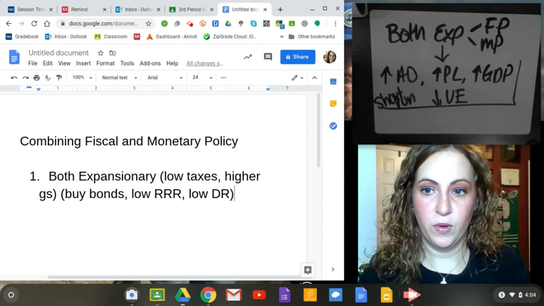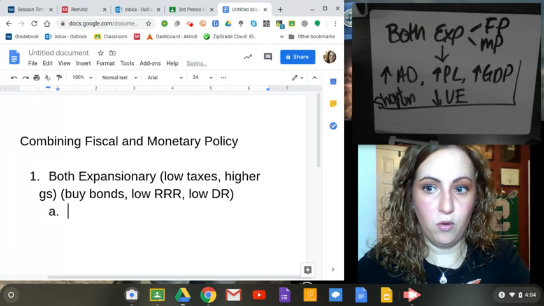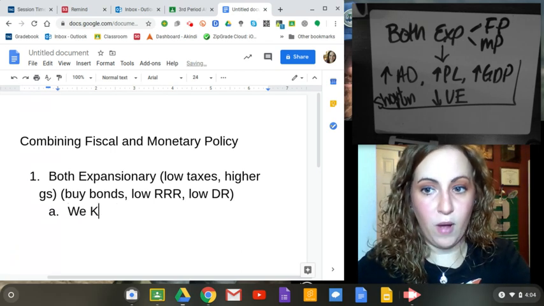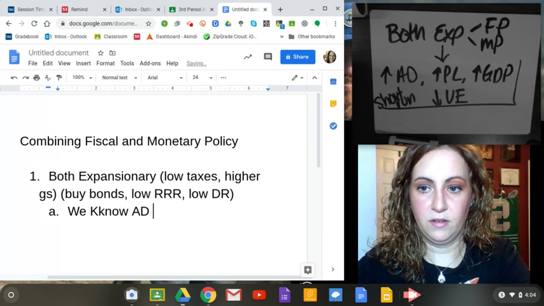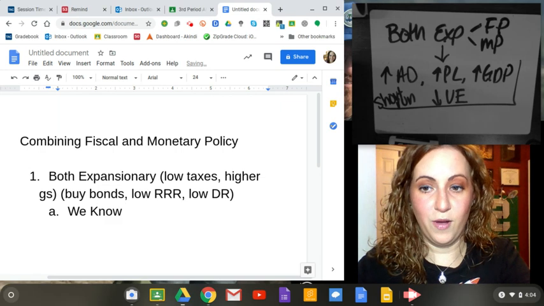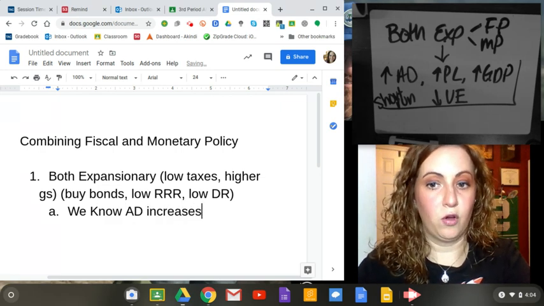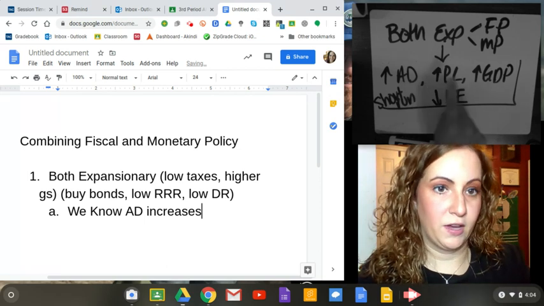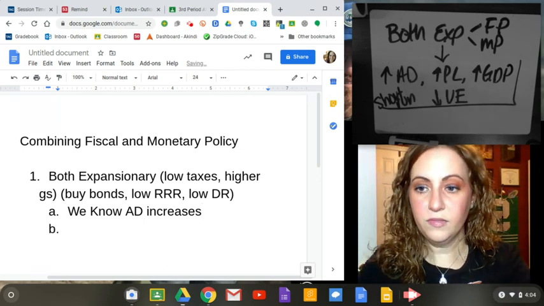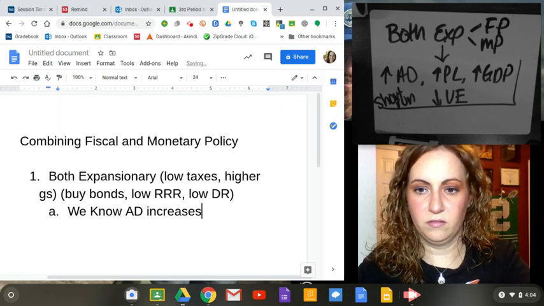If they're both expansionary, we know aggregate demand goes up. We know AD increases and all the things that go along with an increasing AD, like here on the board.